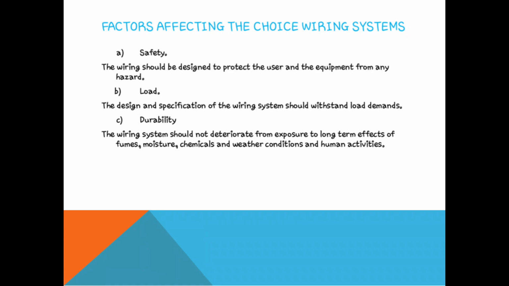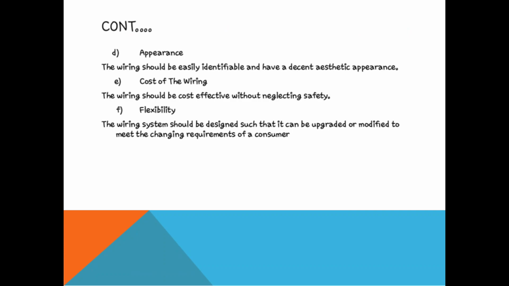Still under wiring systems, we have the various factors that affect the choice of the wiring system. When you are going for a wiring system, we have appearance as one factor. Under appearance, the wiring should be easily identifiable, and it should have a decent aesthetic appearance.